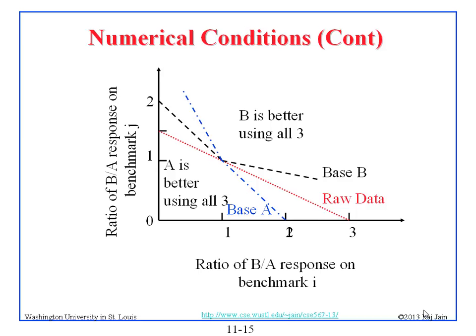If your X is more than 1 and your Y is more than 1, right here, someplace, then it doesn't make any difference, because B is really better. On the other hand, if you are in one of these two areas, then there is some chance of contradiction.